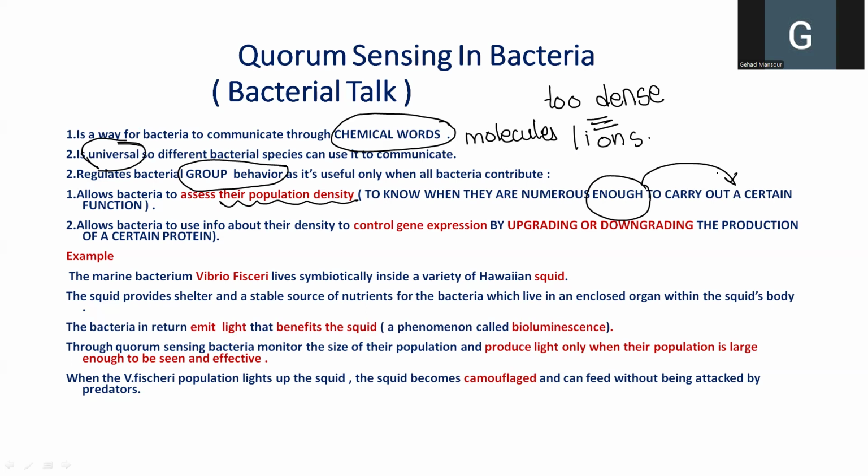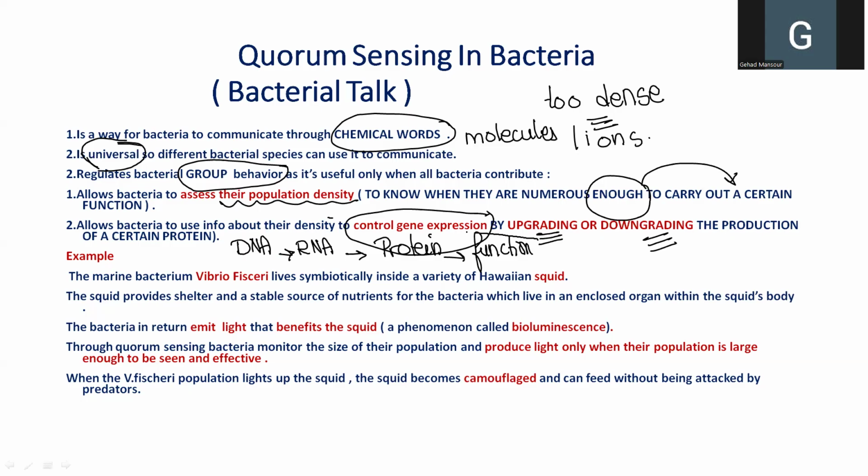And when bacteria know about their density, when they know how dense they are, how numerous they are, they start controlling gene expression, meaning that they might upregulate, meaning increase, or downregulate, meaning decrease, the production of a certain protein by a gene, because you know that a gene is a part of DNA, and that DNA will be transcribed into messenger RNA, and that messenger RNA will form a protein, and that protein will carry out a certain function.